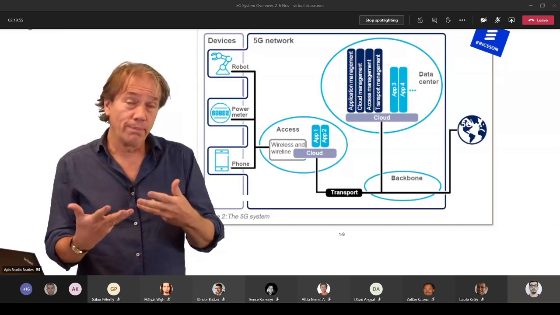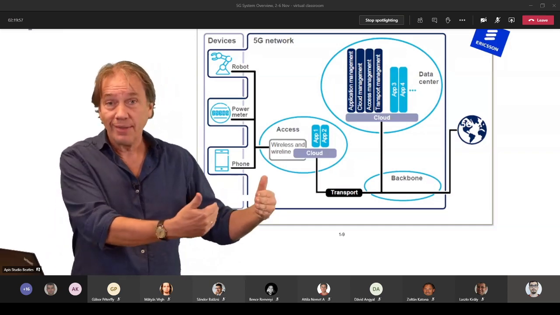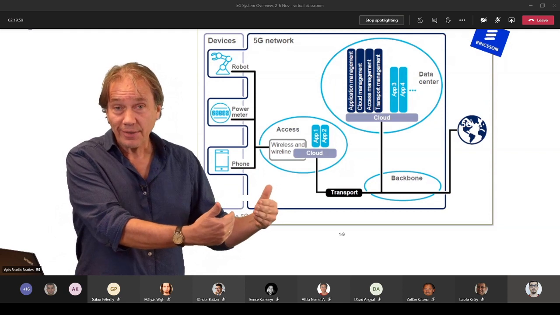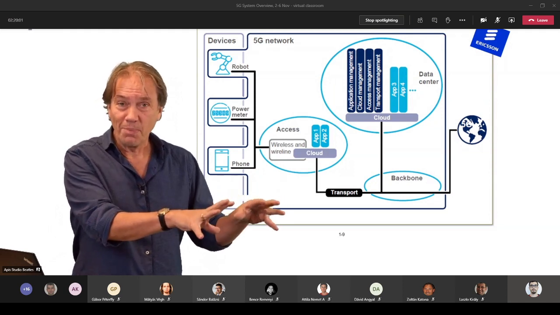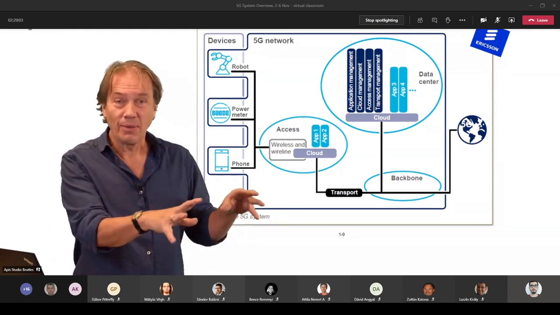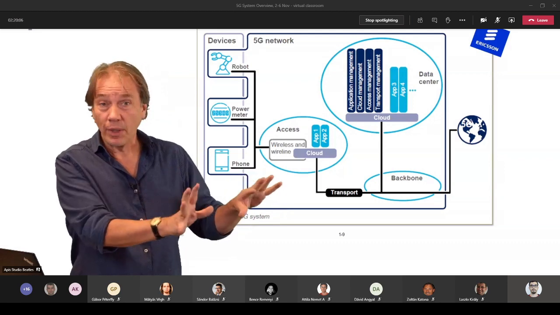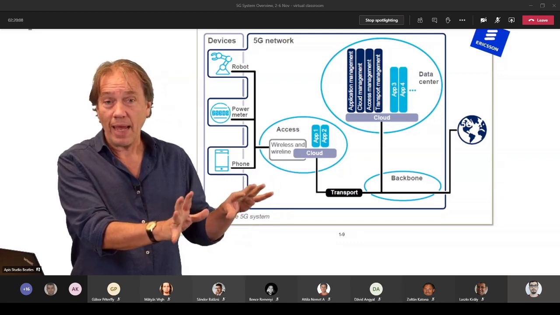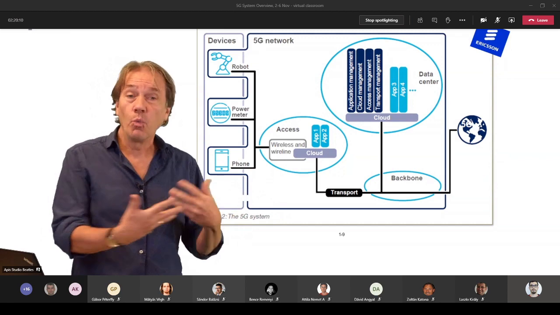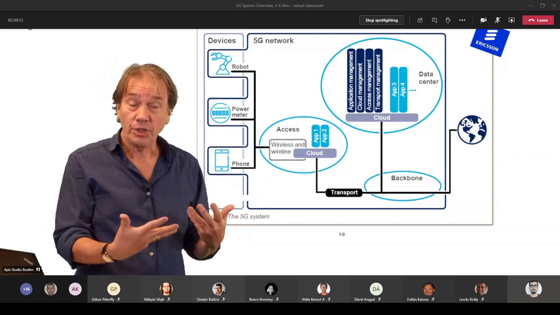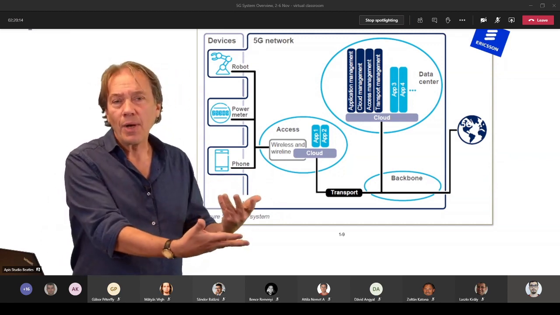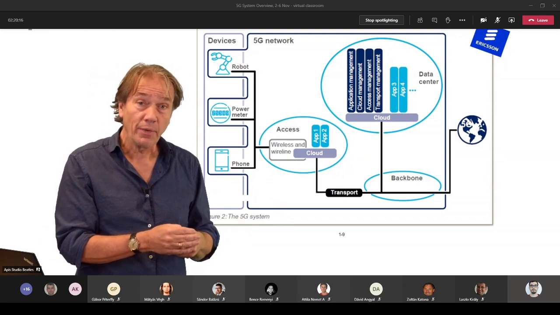So for one of the people, the edge was like the radio access site. It was a rooftop or a hill or very close to the end user. And for one of the other guys, edge means, well, in the right city or even in the right country.